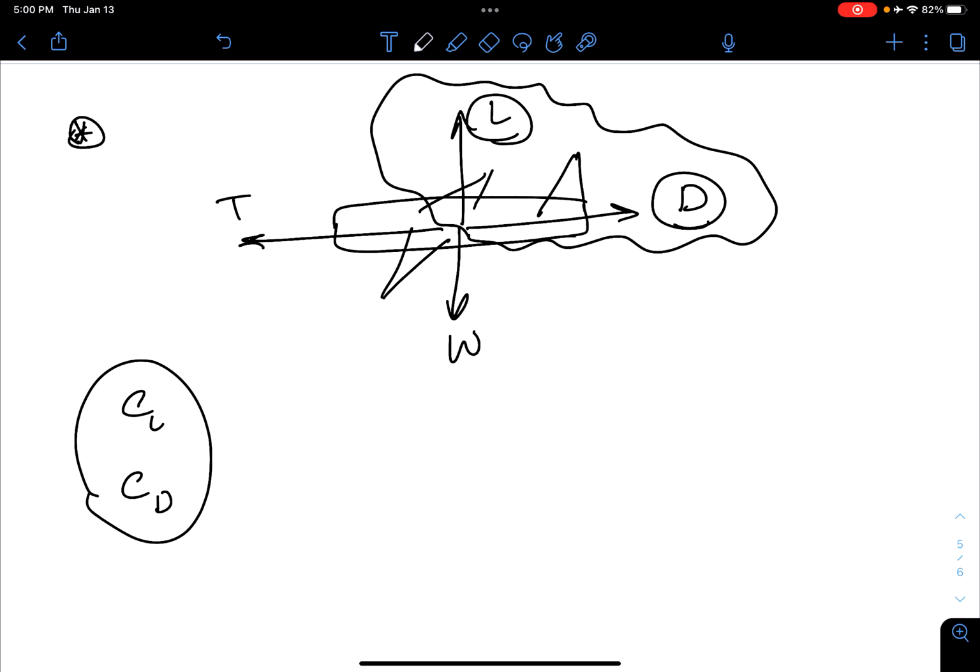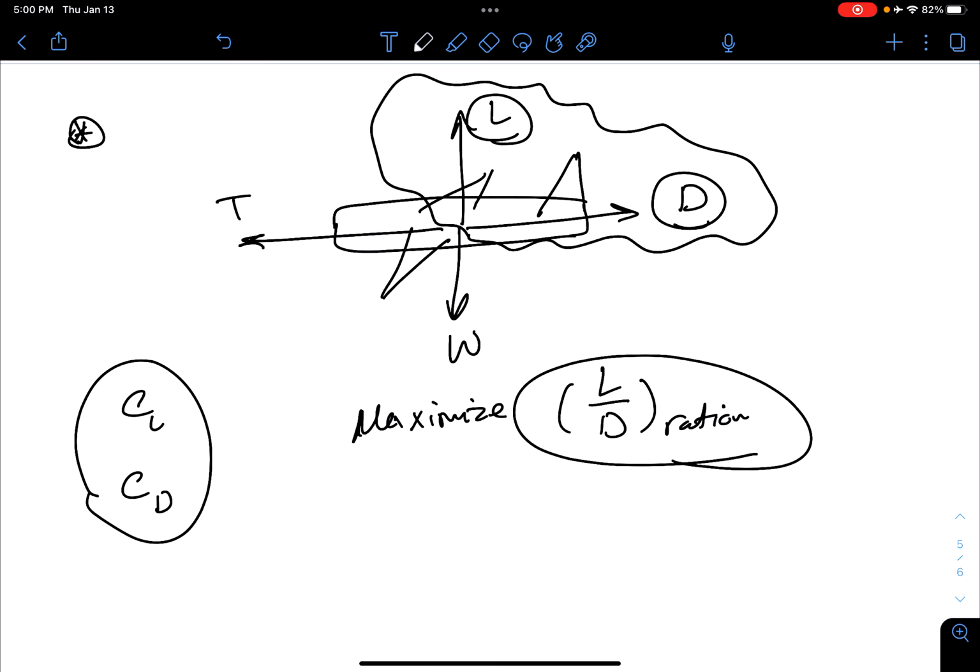Let's talk about the forces themselves. Our goal in aerodynamics is to maximize the lift to drag ratio. So this ratio, lift to drag ratio, is a very important ratio, and we want to maximize it.